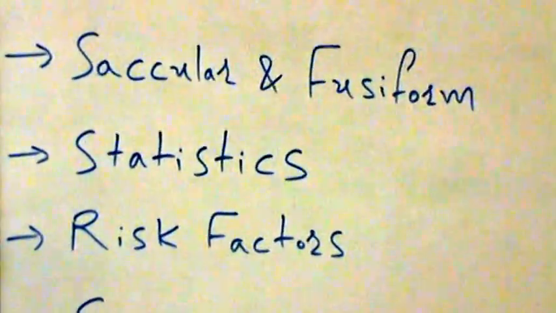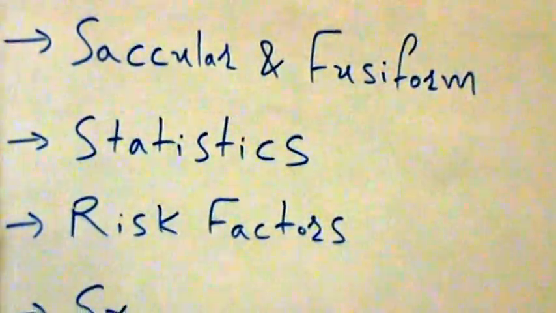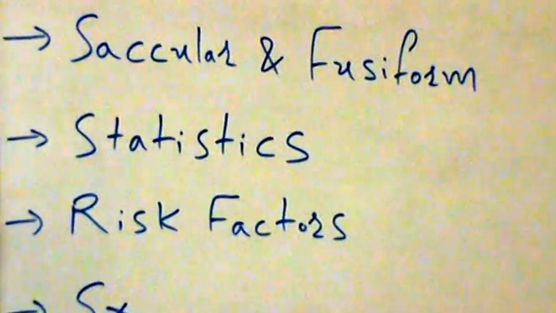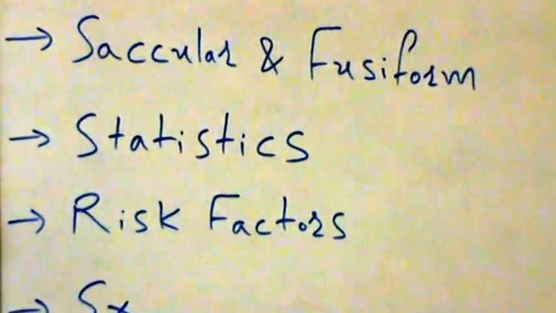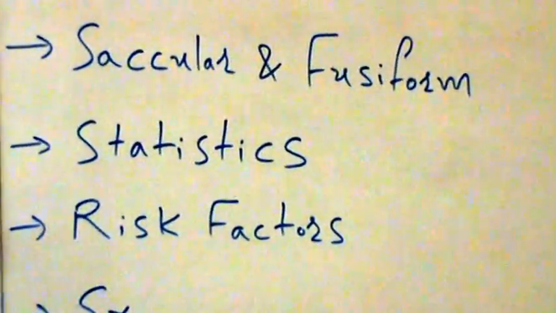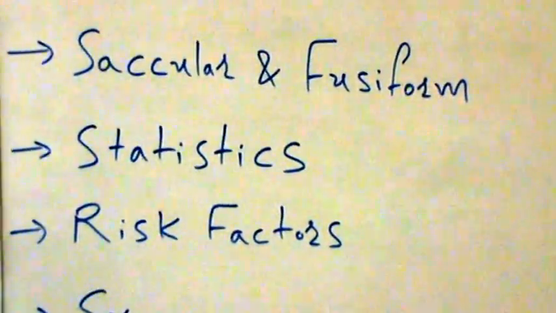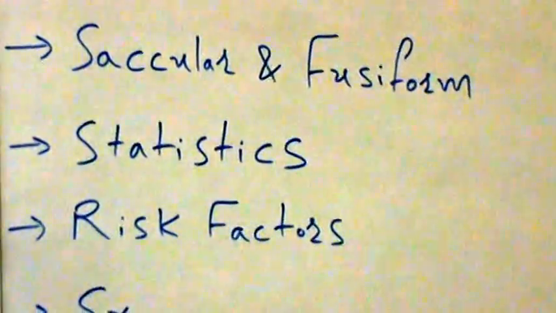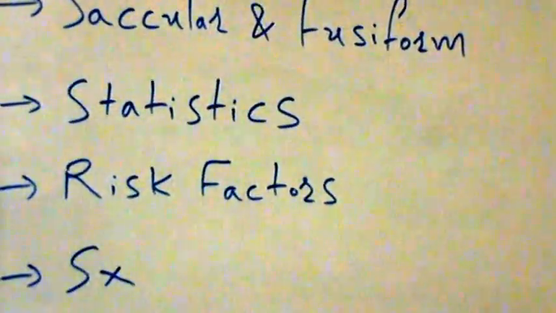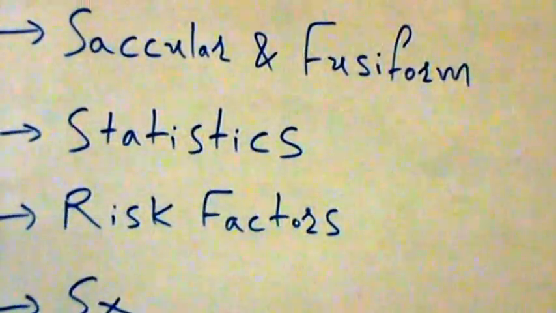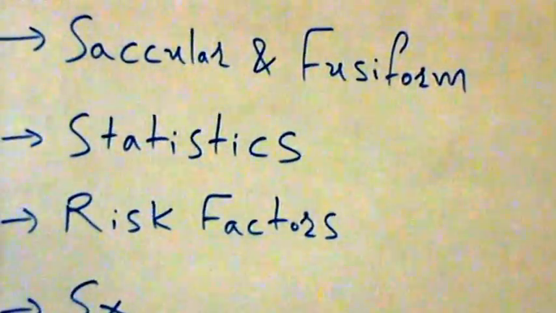Ruptured brain aneurysms account for 3 to 5% of all new strokes. Women more than men suffer from the brain aneurysms at a ratio of 3 to 2. Another interesting statistic, 4 out of 7 people who recover from a ruptured brain aneurysm will have disabilities.